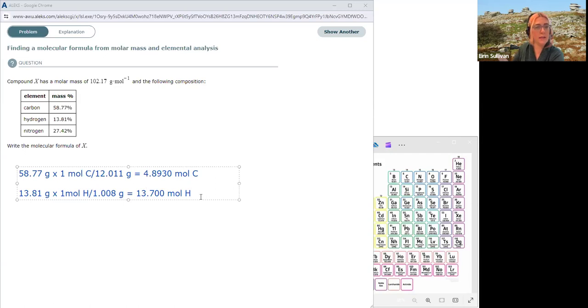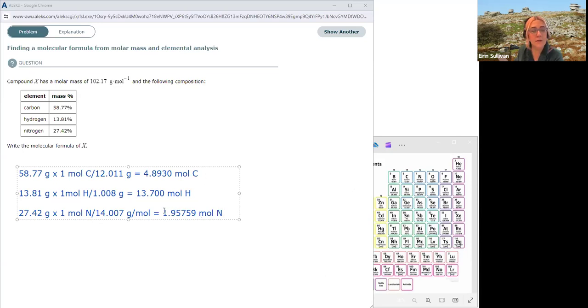And then lastly, nitrogen, we have 27.42 grams. Every mole of nitrogen weighs 14.007 grams per mole. So 27.42 divided by 14.007 gives me 1.9575 moles of nitrogen. It's going to be a fun one.